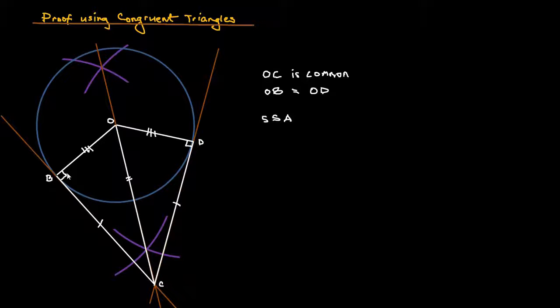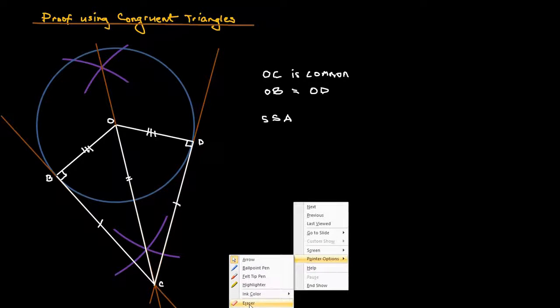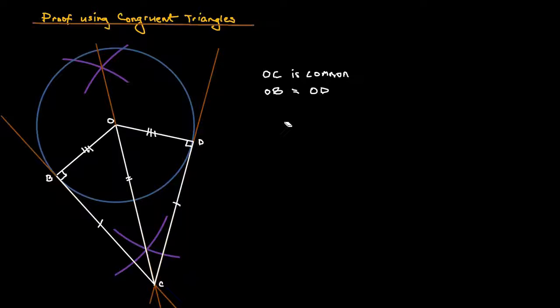Well, we've got one. Because if you have a right-angled triangle, which is what you have here, then this side must be the hypotenuse. So you've got hypotenuse congruence, and you've got these two sides. We definitely know they're congruent, so you've got side congruence. So if we remove the one that we're not allowed, SSA, what we can say is we've got right-angle, hypotenuse, side congruence, or RHS congruence.